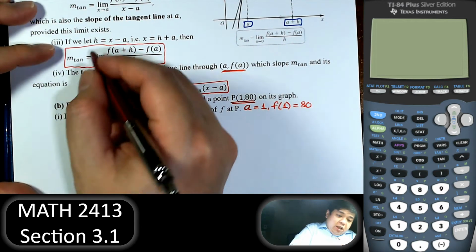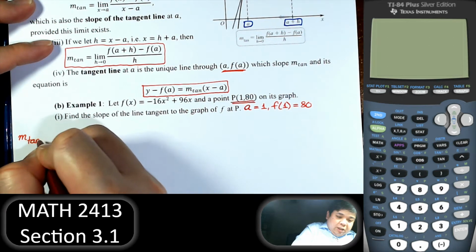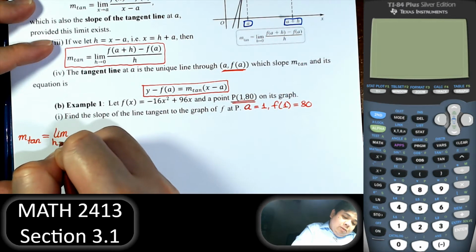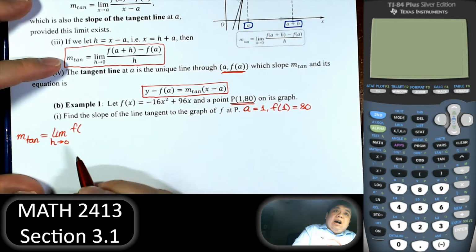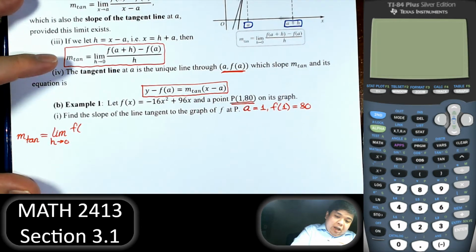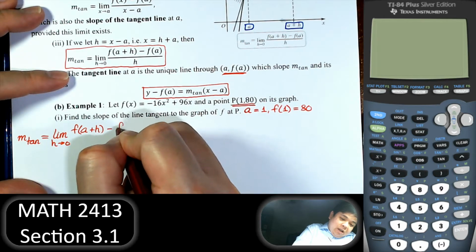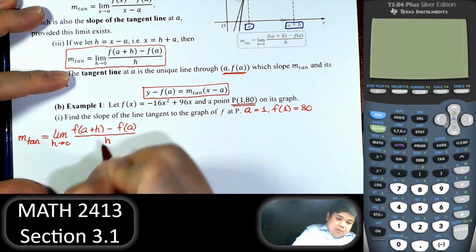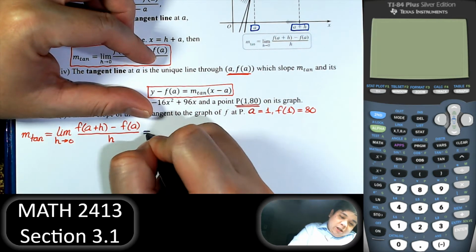I first write out the formula: f of A plus h minus f of A over h. Right, now A is 1.